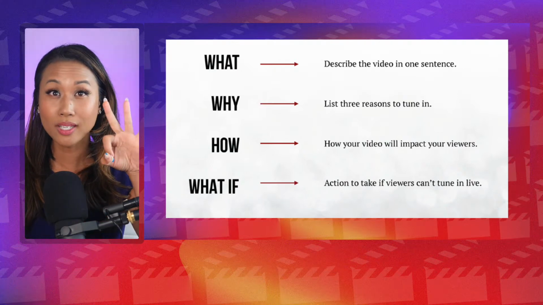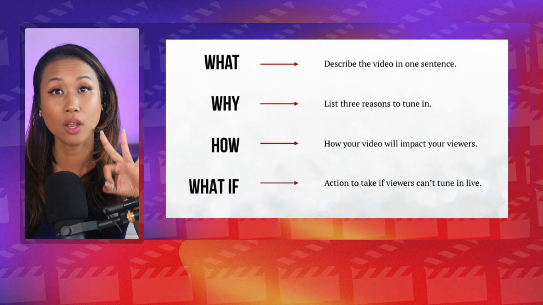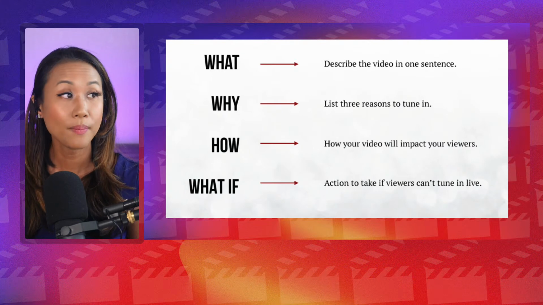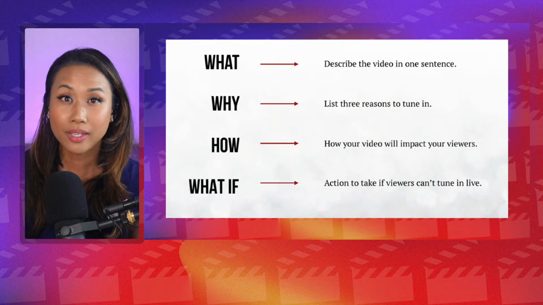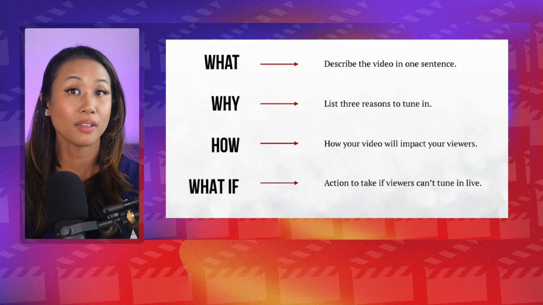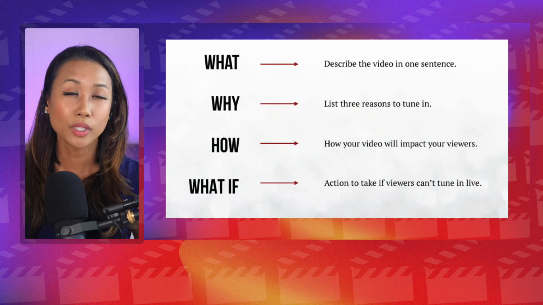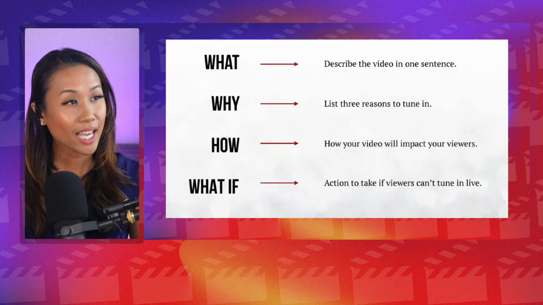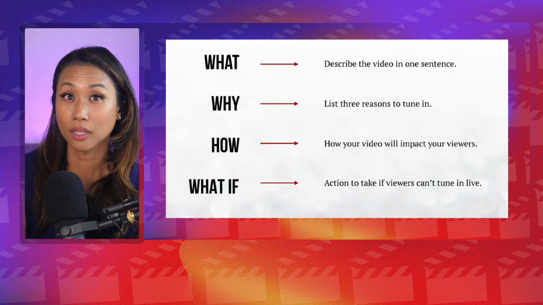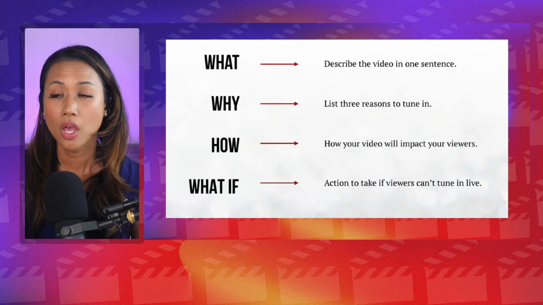You're going to give them 3 reasons on why they should tune in right now. Good? Then you're going to tell them how this product, how this episode, how this live shopping event is exclusive, or how it's going to impact their lives. Then you have what if, the action to take if viewers can't tune in live, or if viewers want to learn more.